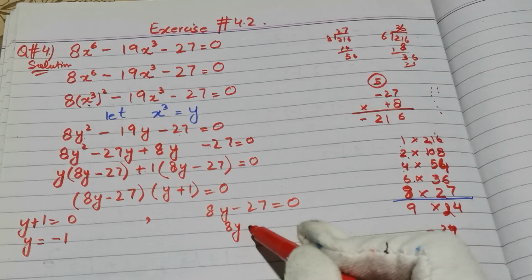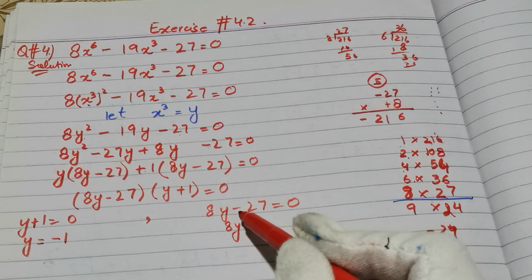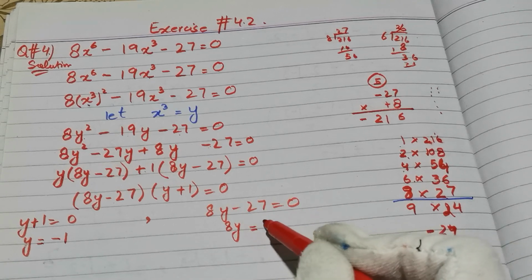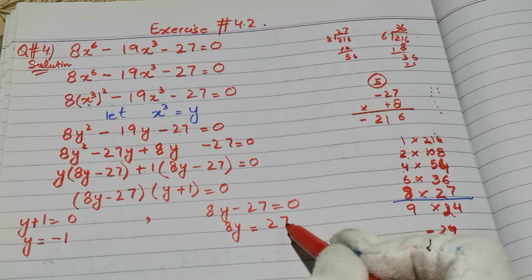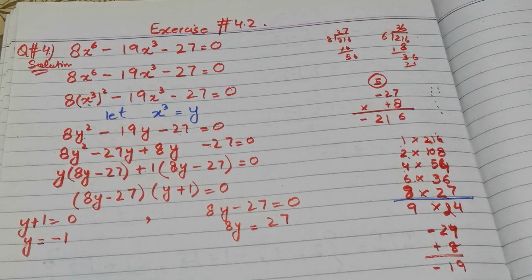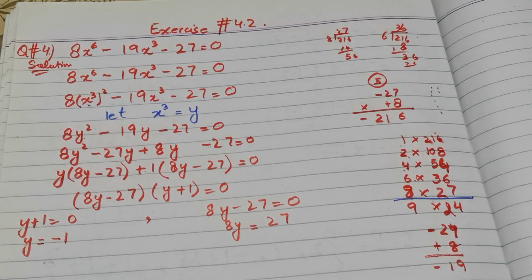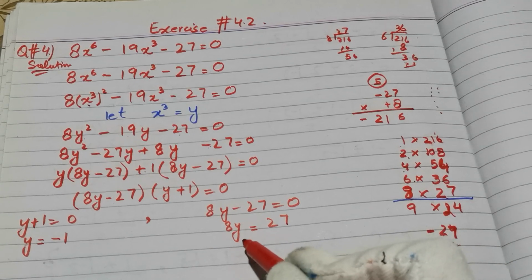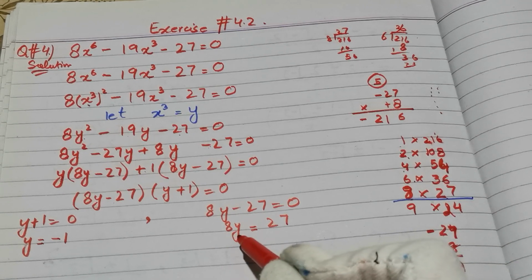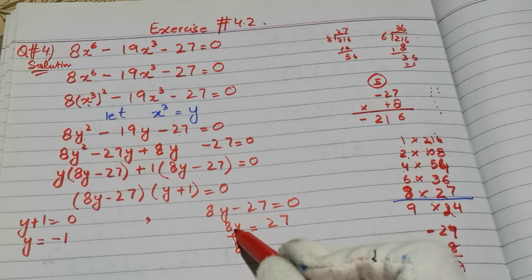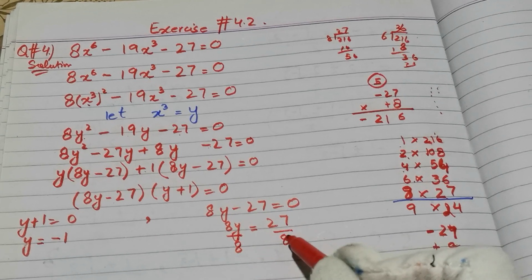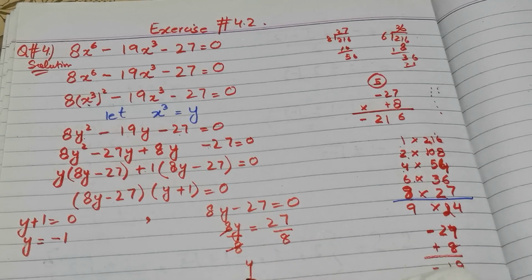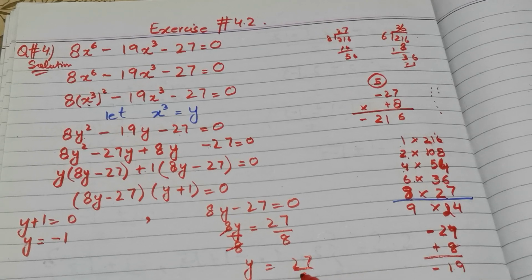Similarly 8y is equal to 27: when we take minus 27 to the right side it becomes positive 27. We want the value of y, so 8 is multiplied, we divide at both sides. Now y is equal to 27 by 8.